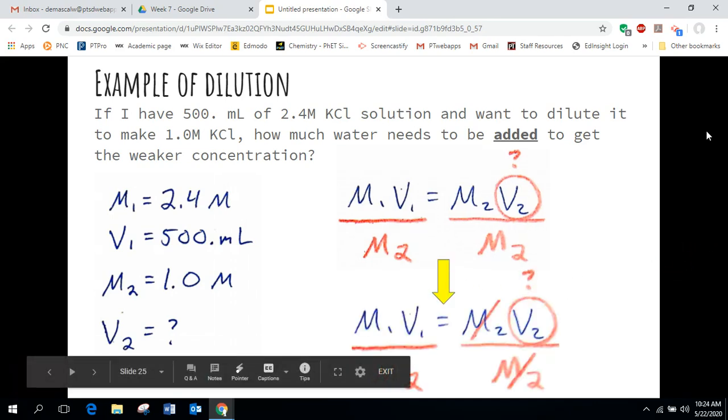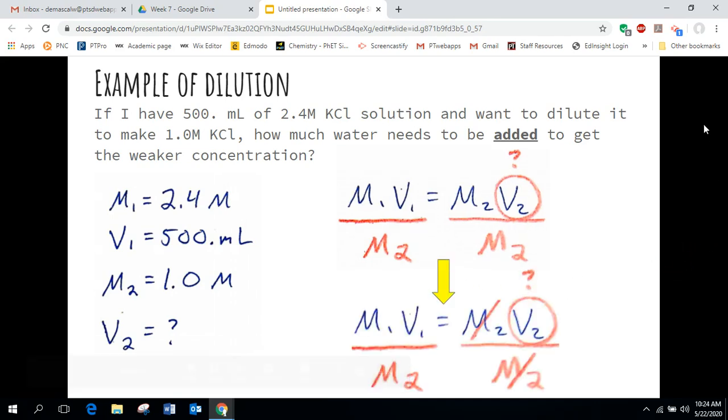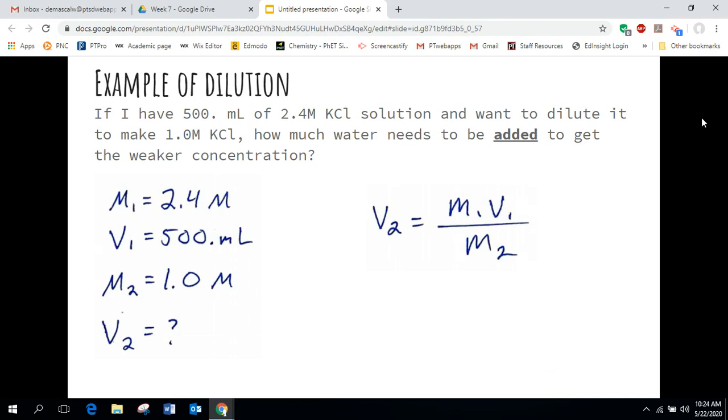That gives us a new equation of M1V1 over M2. M1V1 over M2 gives me V2. Plug in what you know.